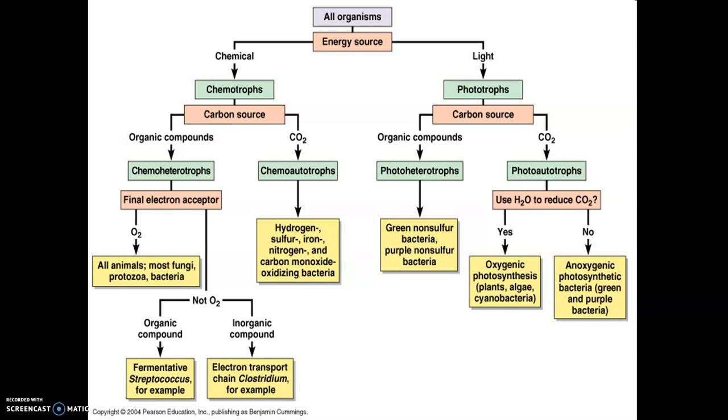Going back up to the CO2 level, that group is a very unique, very unusual group: the chemoautotrophs. Auto means self. They use a carbon source, which is CO2, but they're not eating anything.